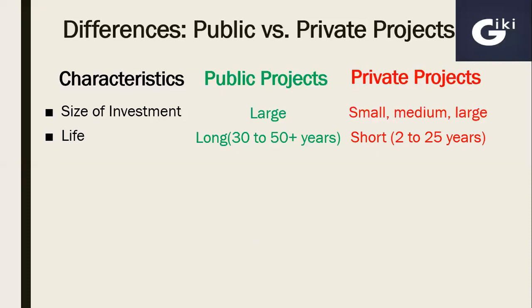The long lives of public sector projects often prompt the use of the capitalized cost method, where infinity is used for n and annual costs are calculated as A is equal to P into i, the capitalized cost method I am referring to. Then the next difference is annual cash flows.